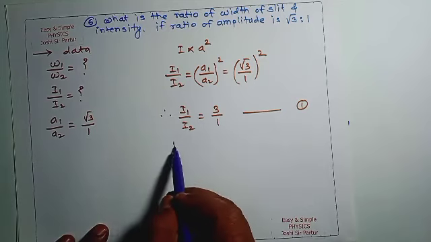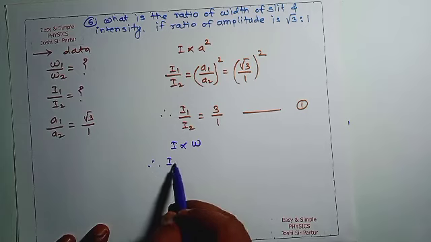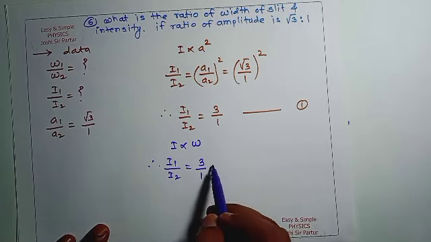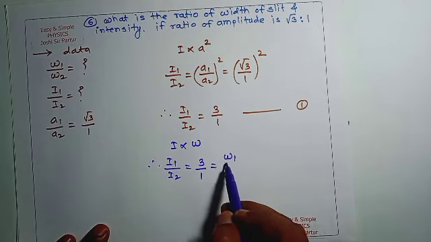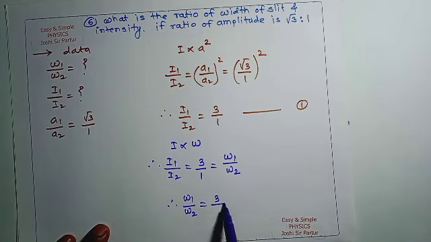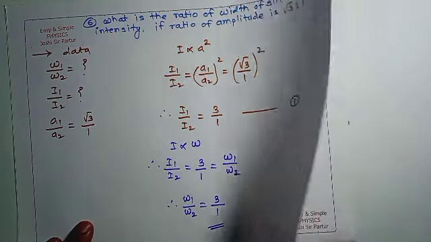We know that intensity is directly proportional to width. Therefore, I1 upon I2 is equal to 3 upon 1, which is equal to width 1 upon width 2. So width 1 upon width 2 is also 3 upon 1, the same as the ratio of intensity. And that is the answer for the numerical.